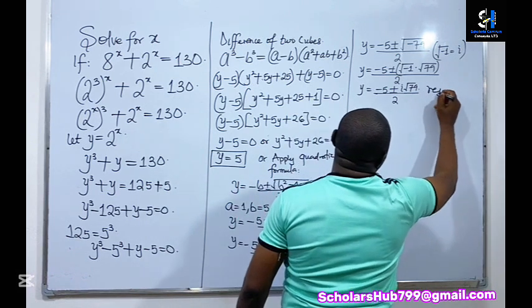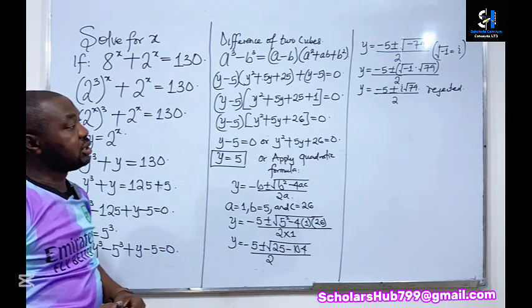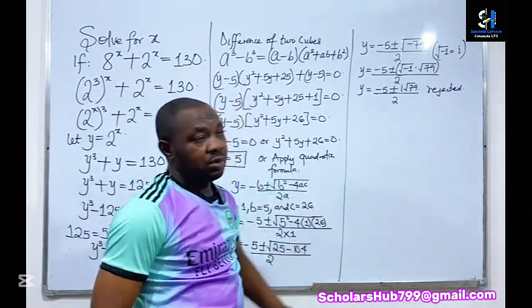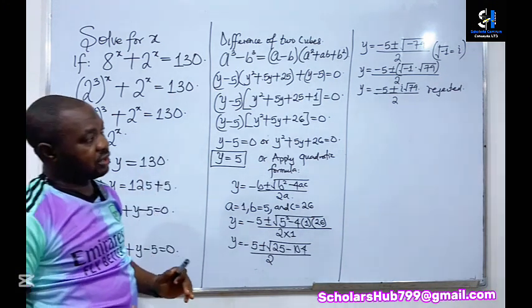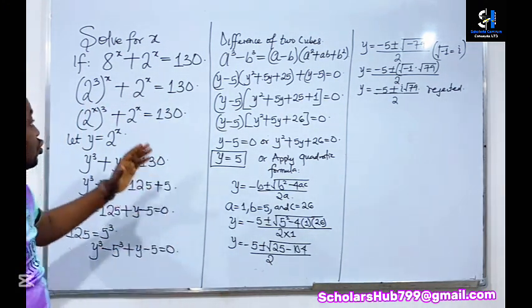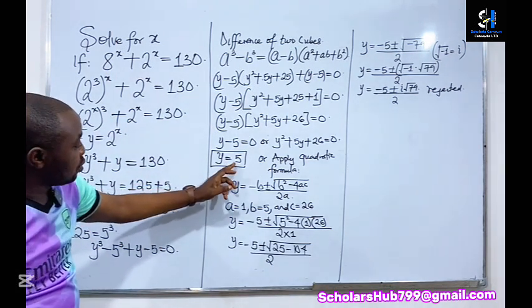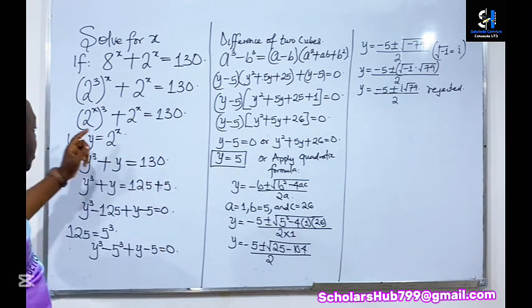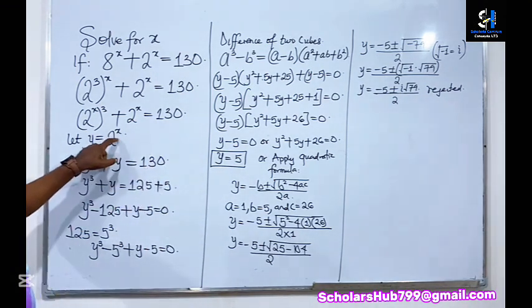So this will be rejected because this is complex. It does not satisfy this equation as far as this is concerned. Now the only solution to this question is when we substitute, we put back what we represent as y and then solve for the value of x.